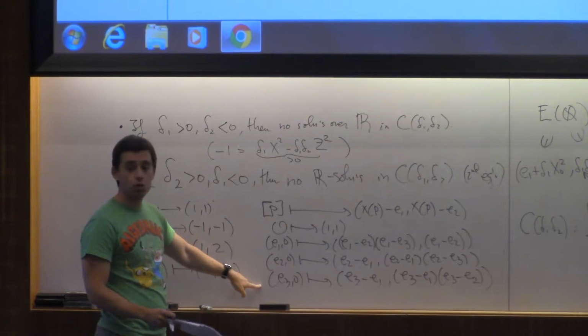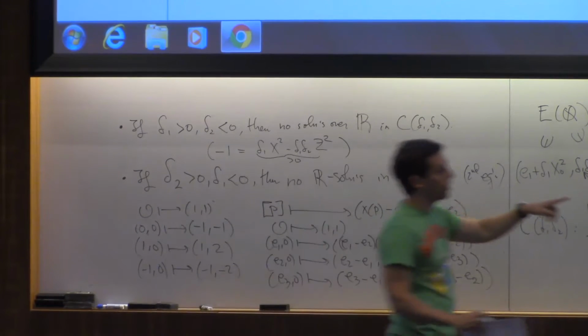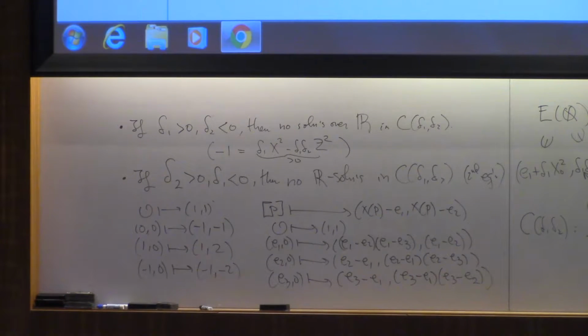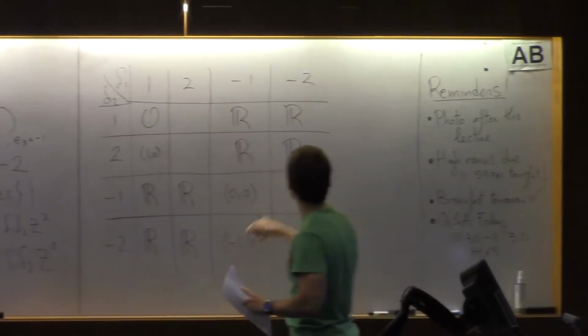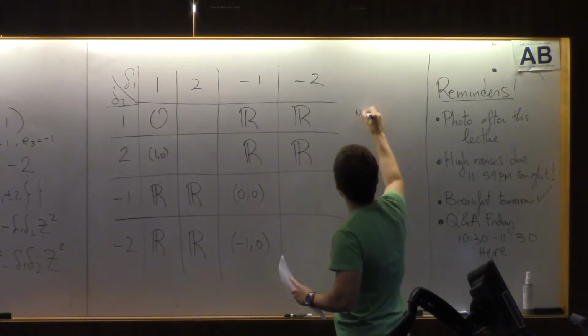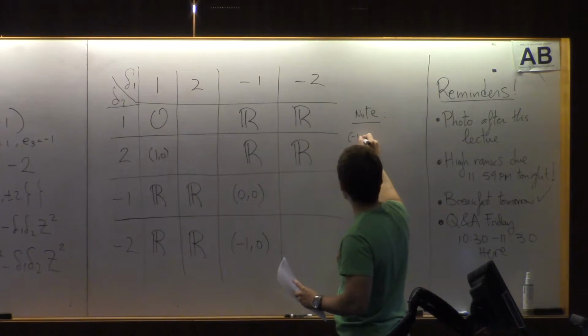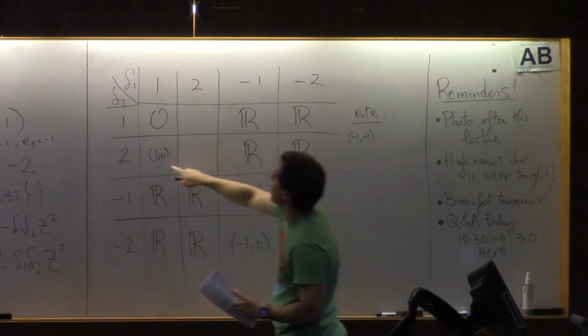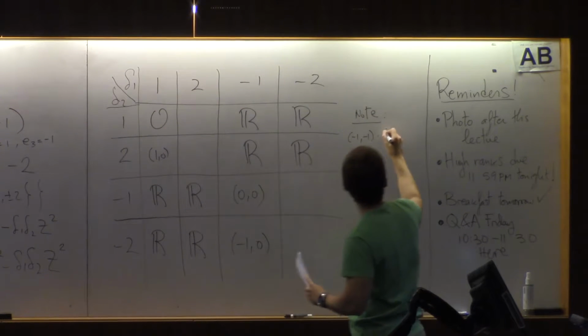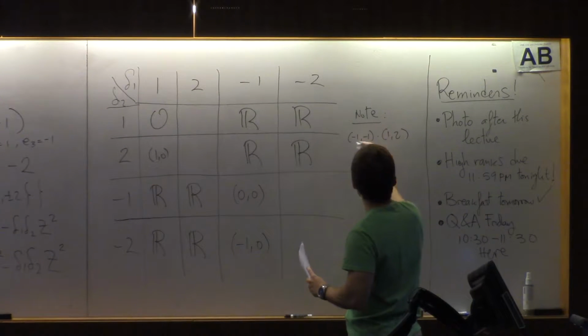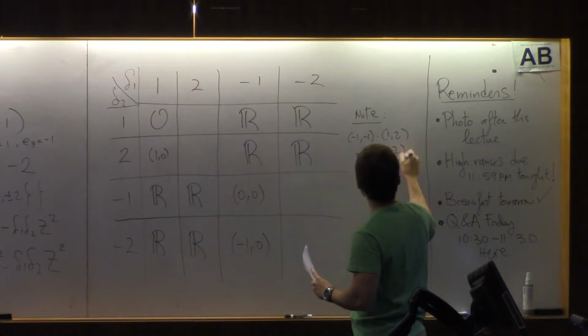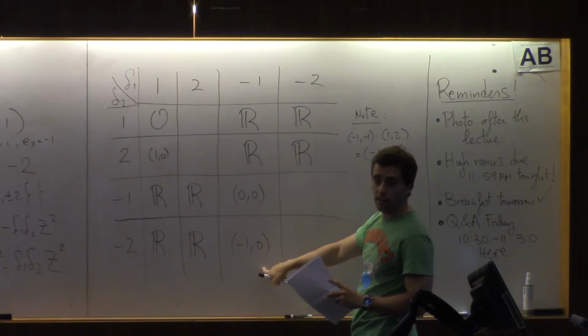Okay? So it should also be the case that if I go here and I do P plus Q, and now I'm talking deltas, I should get the third one. So what I'm saying is, note that the group law holds: (-1, -1), if I multiply by this guy, which is (1, 2), I get (-1, -2), which is this guy here.